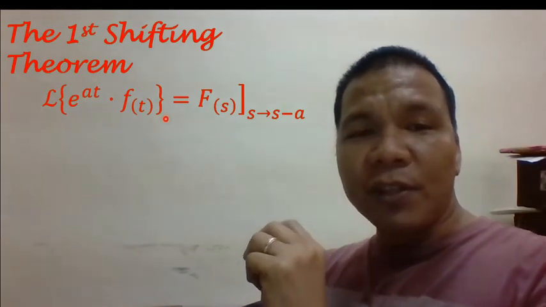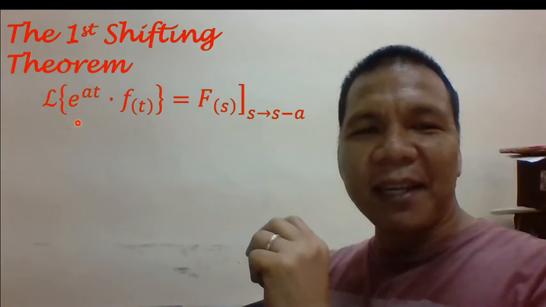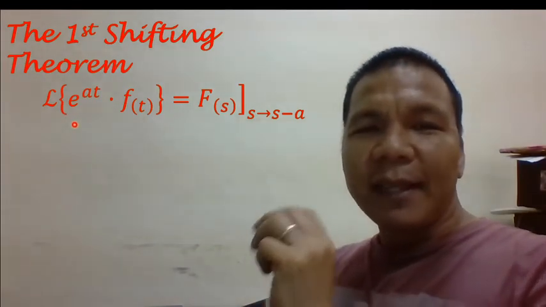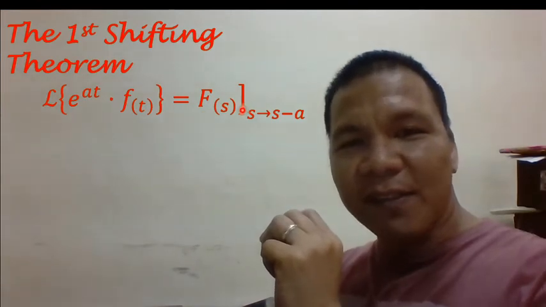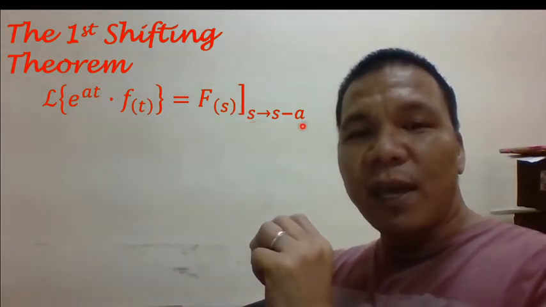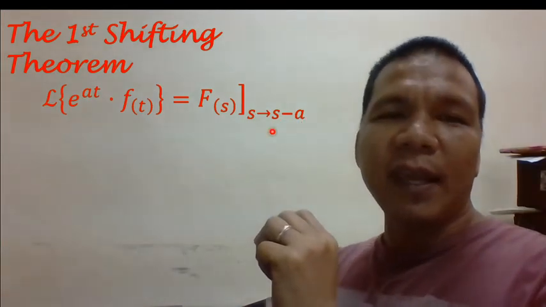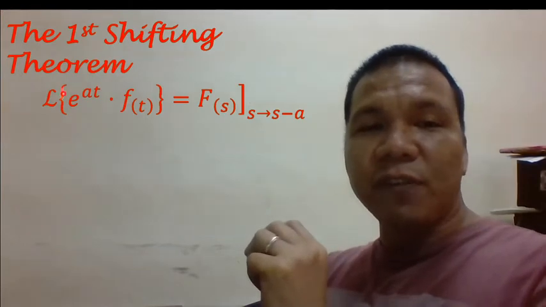If the function f of t is multiplied by an exponential function e raised to at, the Laplace transform of that is equal to F of s, but here s is changed to s minus a. Okay? That is the first shifting theorem.